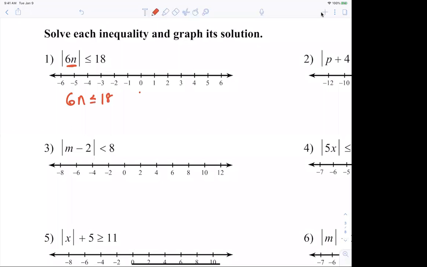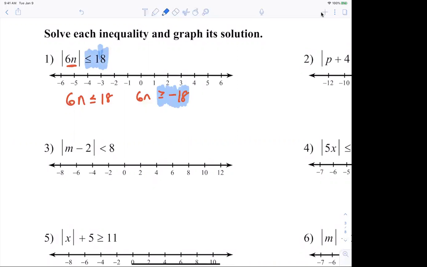Then you write it again, but you change the inequality sign, and the 18 changes to a negative 18. So I always try to make an effort to show kids how to solve an absolute value inequality. You first write it without the absolute value, then you change the inequality sign and the sign of the integer.